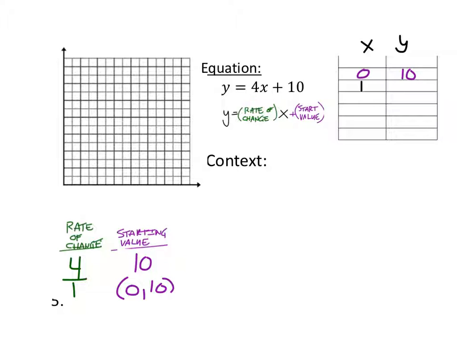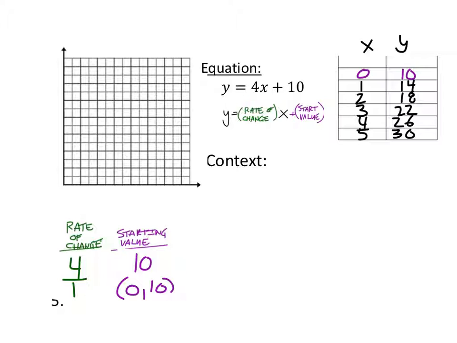So if I increase x by 1, I've got to increase y by 4. And this pattern will continue. Another x would mean 4 more y's. Another x and another 4 y's. And the last x with 4 more y's.